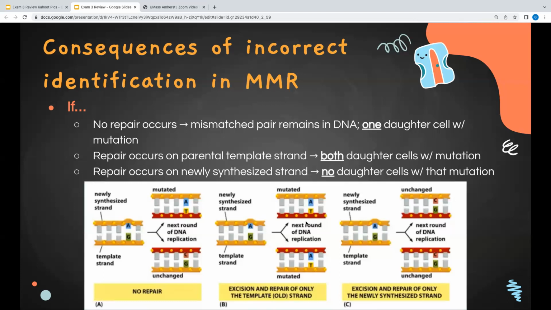If you excise the old template strand, the parent strand, both your strands will now have the mutation. The only way you can preserve a 100% correct sequence is if we excise the mutant nucleotide, which is why MMR is different from all the other repair mechanisms. We need to know which strand is which because mutations are not strand specific. We'll talk about that a little bit more later.